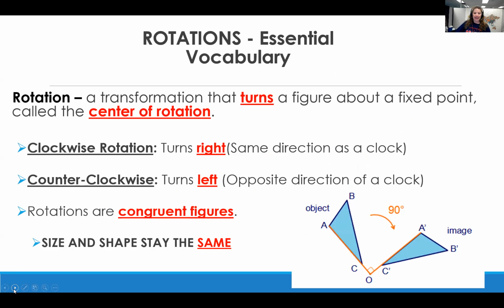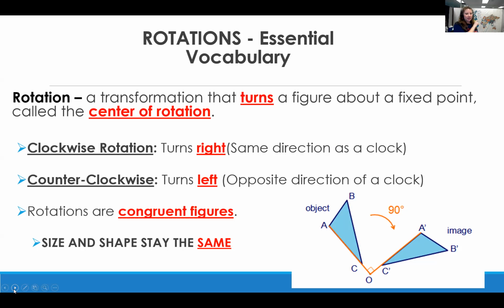Now, when you rotate, you're turning an object, okay? And in 8th grade, our center of rotation is always going to be the origin. As you get farther in high school, you'll have different centers of rotation, but in 8th grade, we're just doing the origin. Just like the hands on a clock, they all move to the right, correct?